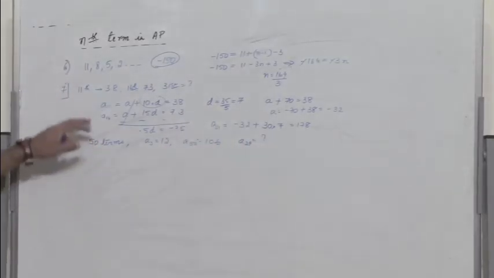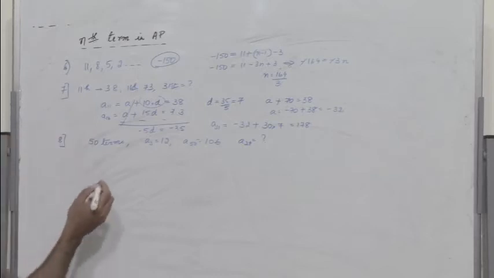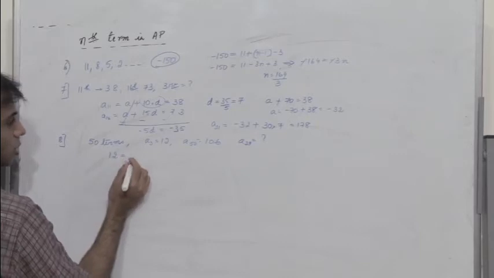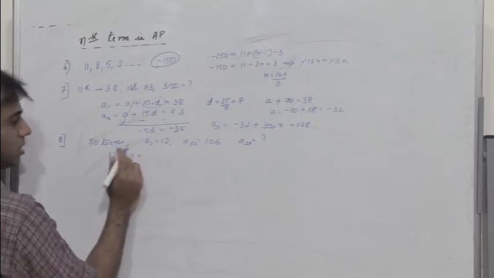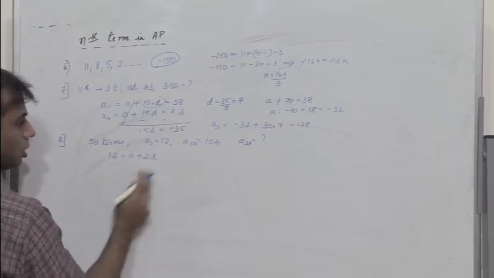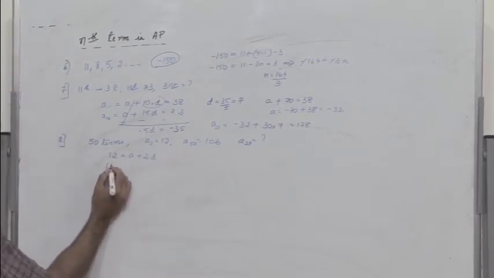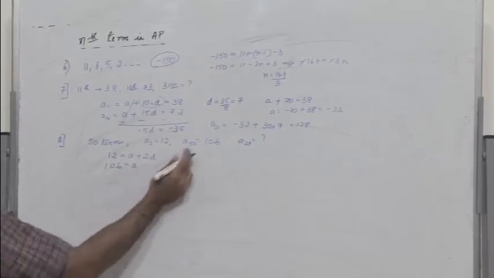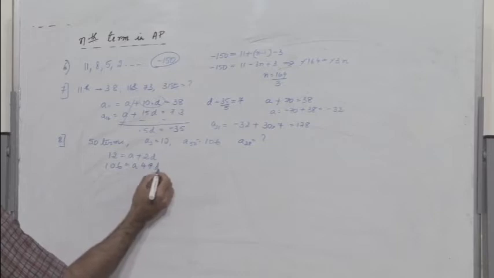So similarly, as we did in the previous case, we need to find A29. So A3 is 12 equals A plus, n is 3, so 3 minus 1 is 2D. And what about A50? A50 is 106 equals A plus 49D.